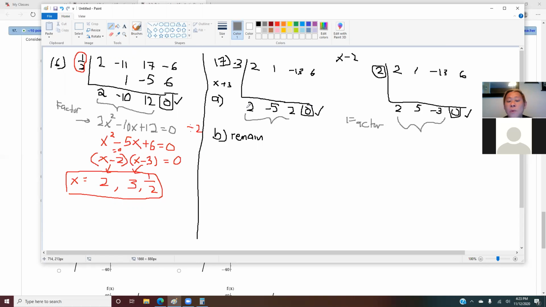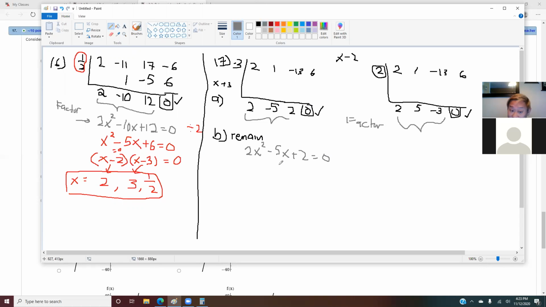Okay, can you write this for me in the quotient form? Like what we just did over here. So it's 2x squared minus 5x plus 2. Okay, very good. Equals 0.